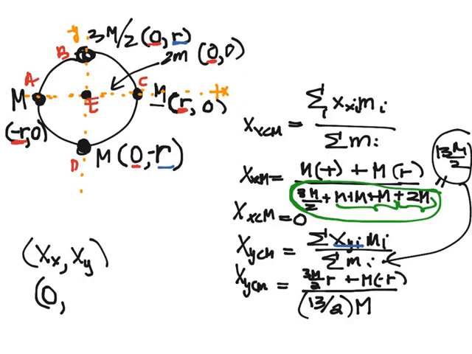So hopefully you look at this and realize that when I add 3m over 2 plus m times negative r, I end up with m over 2 times r.